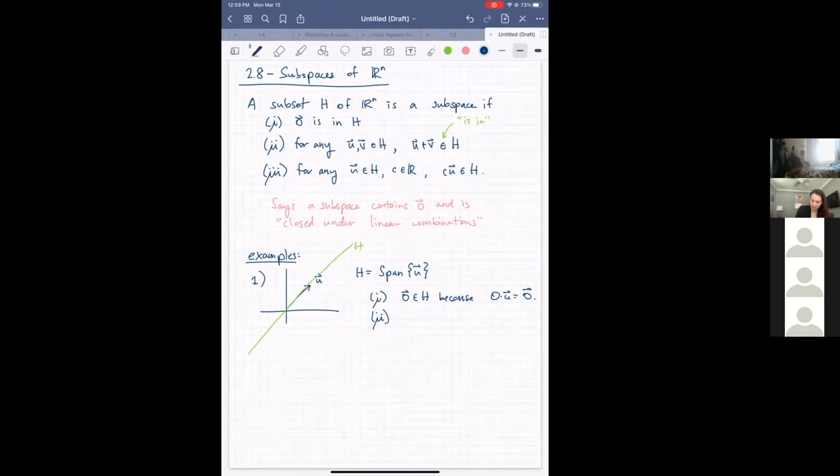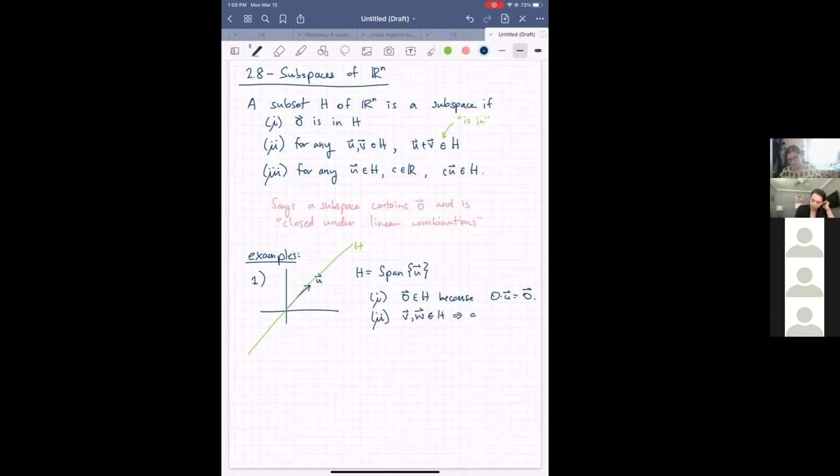Also, if we take any two vectors, I'm going to use a different letter than U, so let's say we have V and W in H. Well, if V and W are in H, then they are scalar multiples of U because that's the definition of this space.